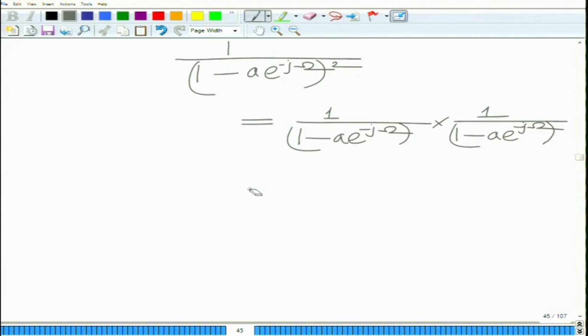The corresponding time domain signal for 1 over 1 minus a e raised to minus j omega is a raised to n u n. So, this is a multiplication in the Fourier domain, which in the discrete time domain is the convolution of the corresponding inverse DTFTs, which is a raised to n u n.